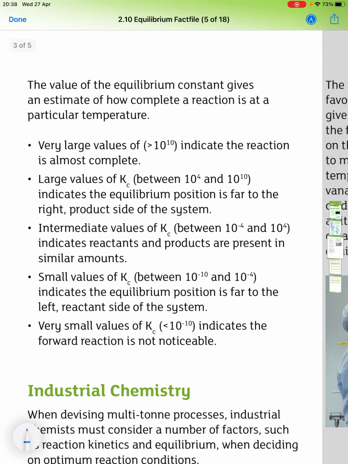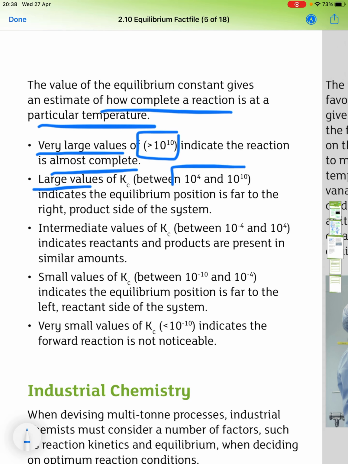So the value of the equilibrium constant gives an estimate of how complete a reaction is at that particular temperature. Very large values, greater than 10 to the power of 10, indicate the reaction is almost complete. Large values between 10 to the power of 4 and 10 to the power of 10 indicate the equilibrium position is far to the right, the product side of the system.